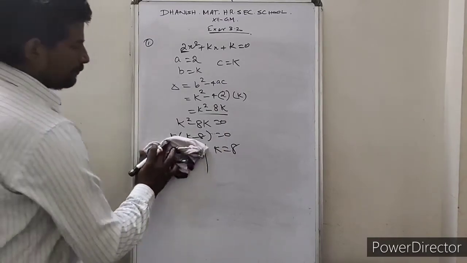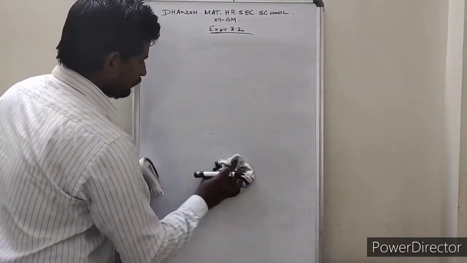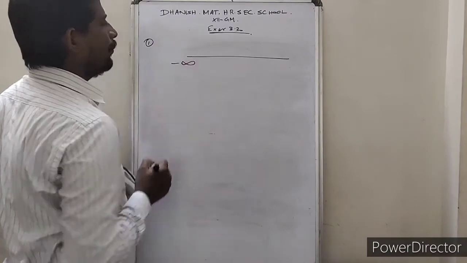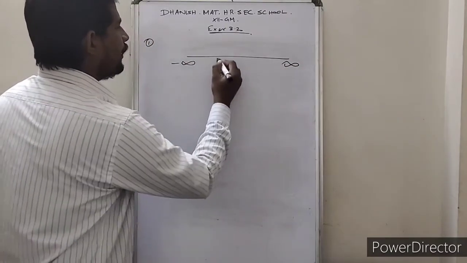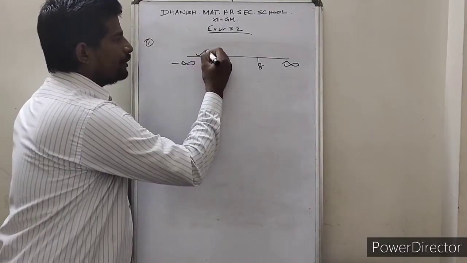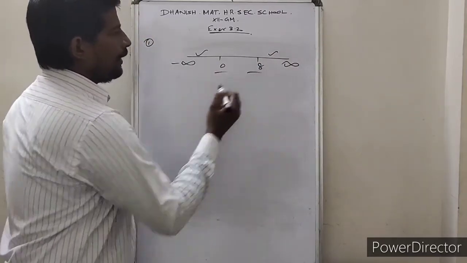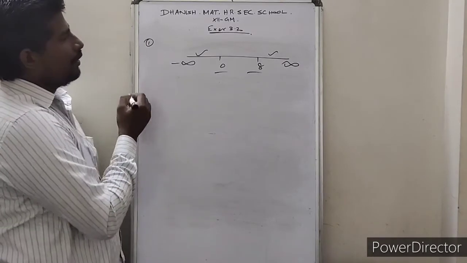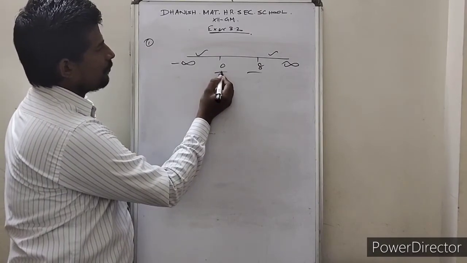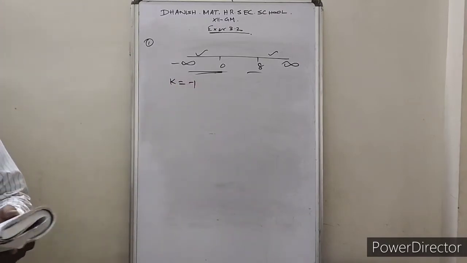Now I am going to take a number line. Here we will have minus infinity, here plus infinity, 0, 8. Now I am going to take one value from each interval. Here I'm going to take k as minus 1.